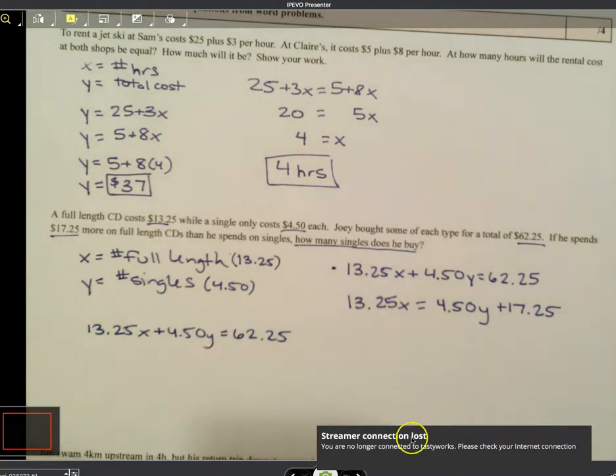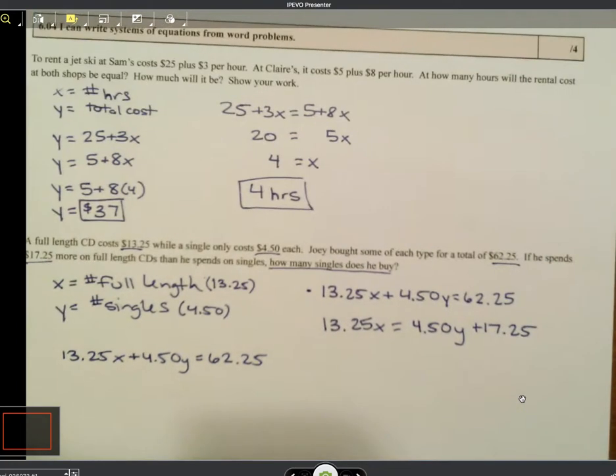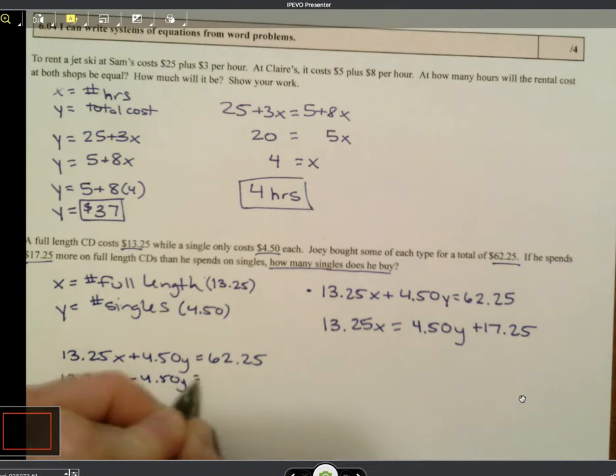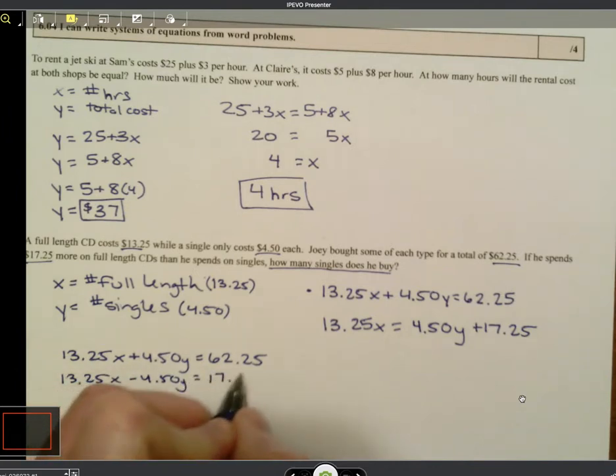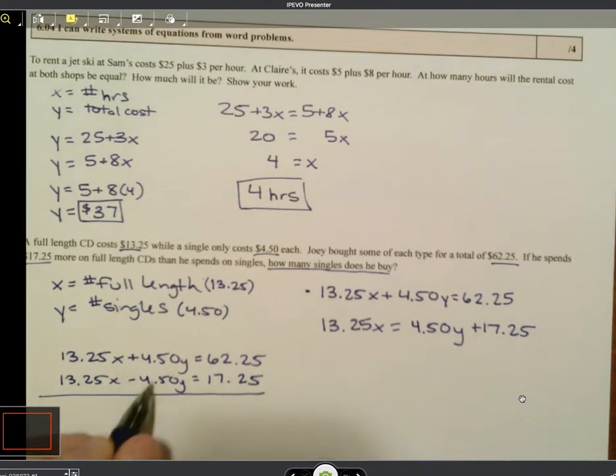Now I'm going to move this 450 over here so it becomes negative. And now I'm just going to add these, because if they're opposites, you add. So I get 2650x.